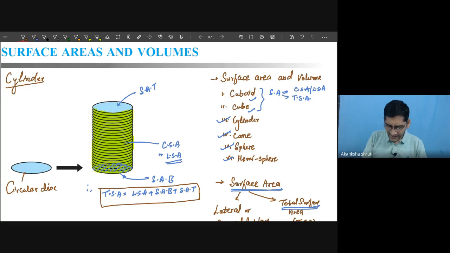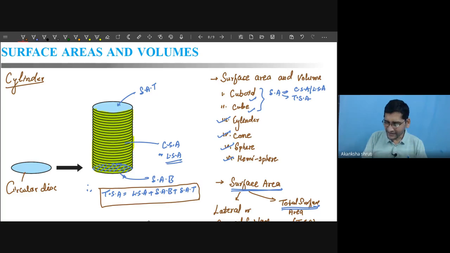Now in this case, we can have two kinds of area. One is the area around the curve, meaning exclude the top surface and bottom surface which are flat. So that curved surface area is also called lateral surface area.